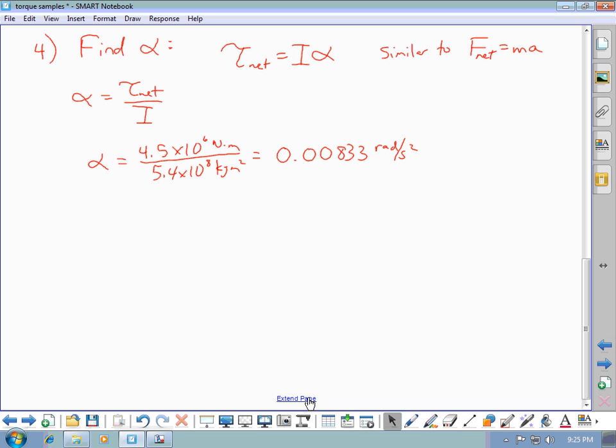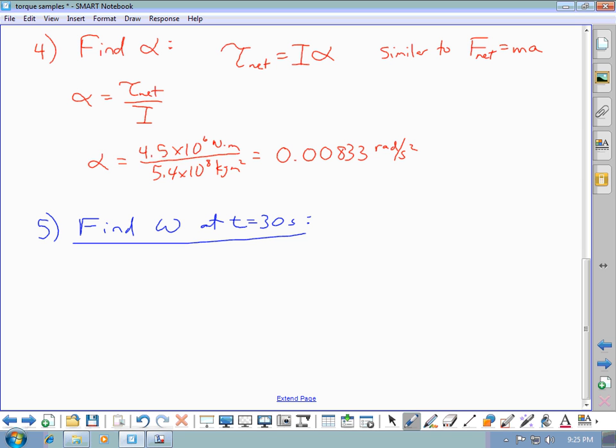And then finally, to find the angular velocity after 30 seconds, we're going to use kinematics.